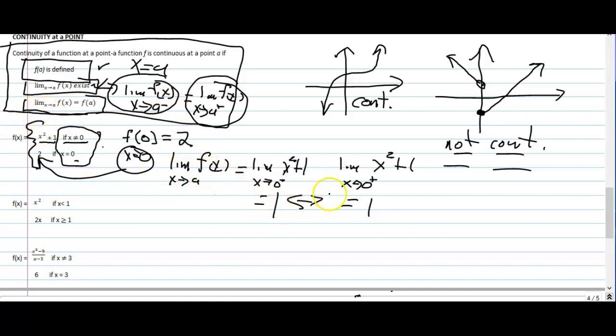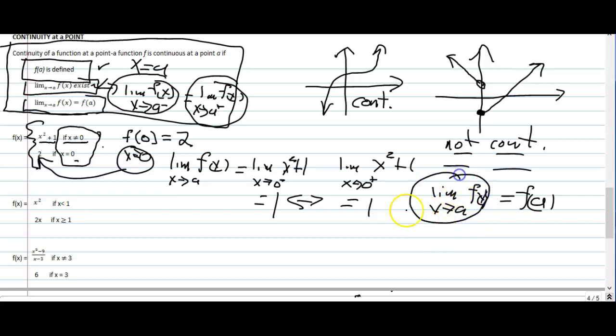Now, the last condition we need to check is to determine if the ordinary limit as x approaches a is equal to f of a. Well, the ordinary limit does exist.